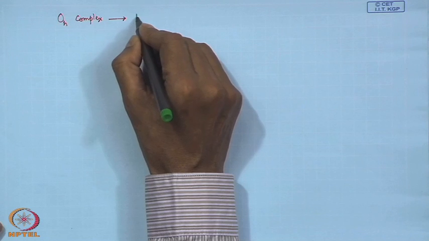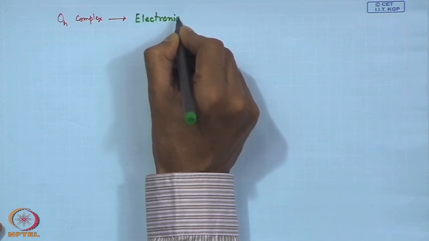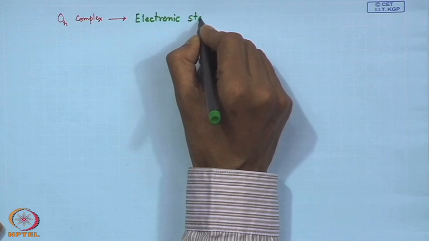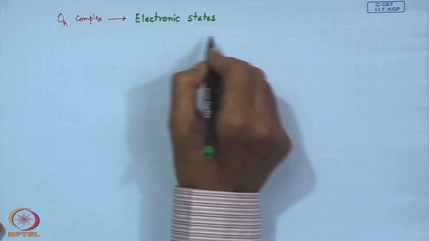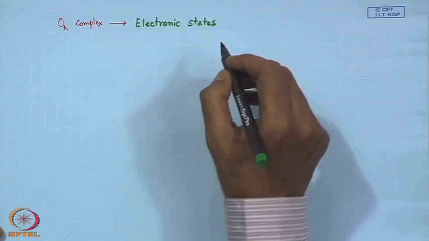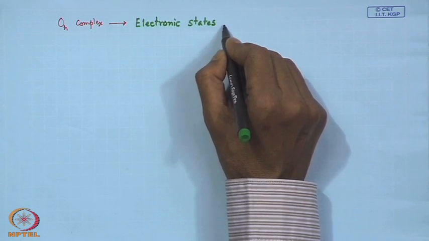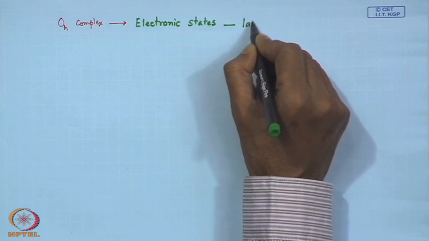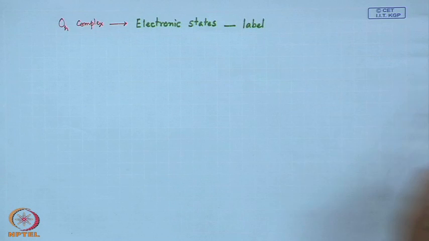So, we will have the different electronic states in our hand, and since it is a multi-electron configuration, we have more of these electronic states, and we have the corresponding level for those electronic states.